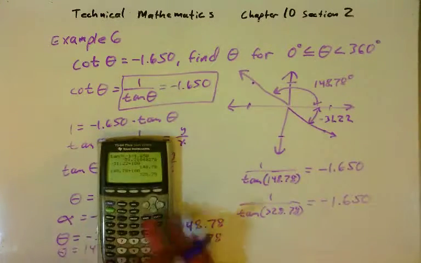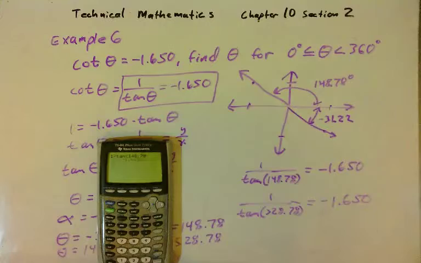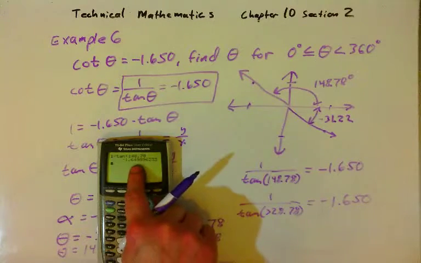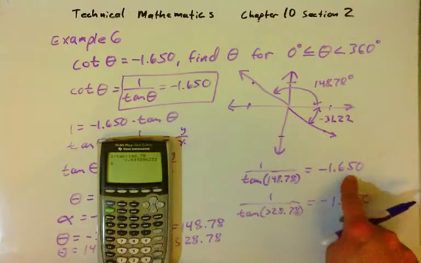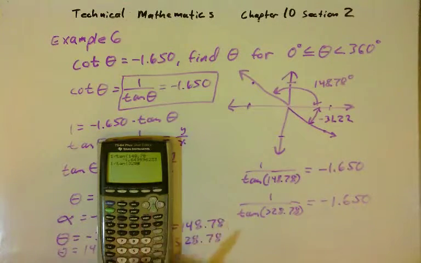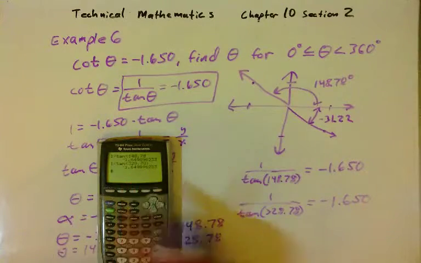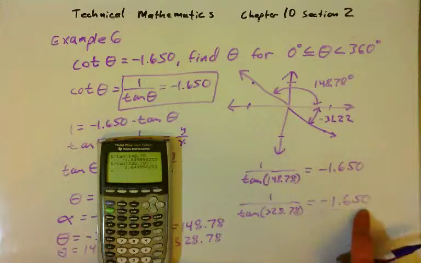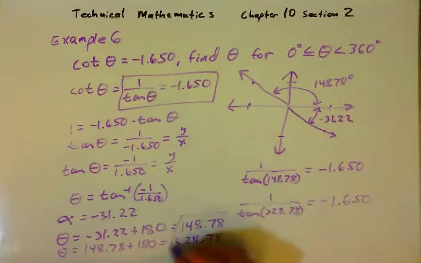So we think these are our two answers. Let's check. Take 1 divided by the tangent of 148.78, and we get negative 1.6498, which rounds to negative 1.650. Also 1 divided by the tangent of 328.78. And again, we get negative 1.6498, which rounds to negative 1.650. So these are our two answers for theta.